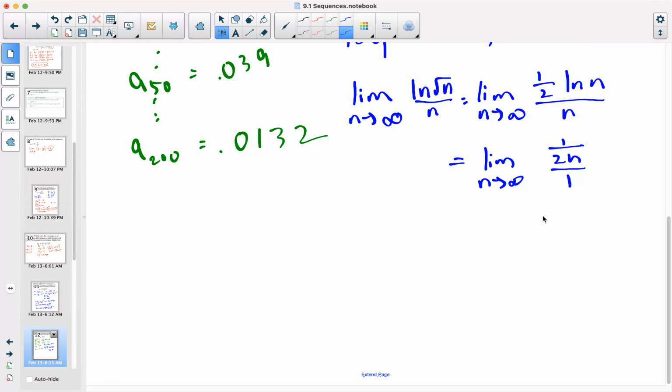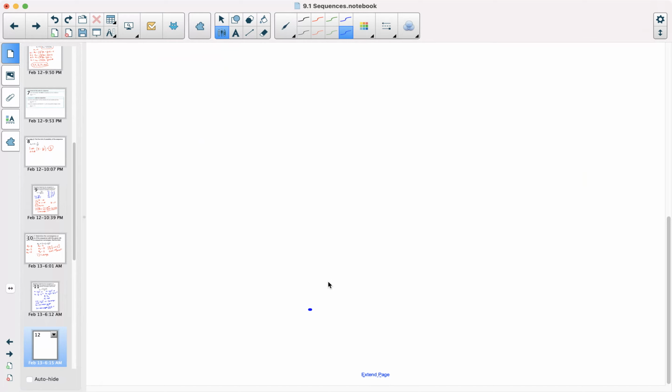Well, as n approaches infinity, guess what? It converges.